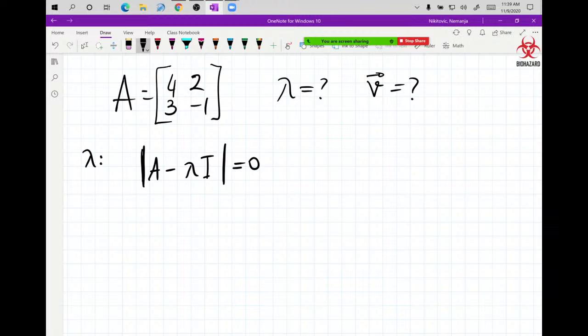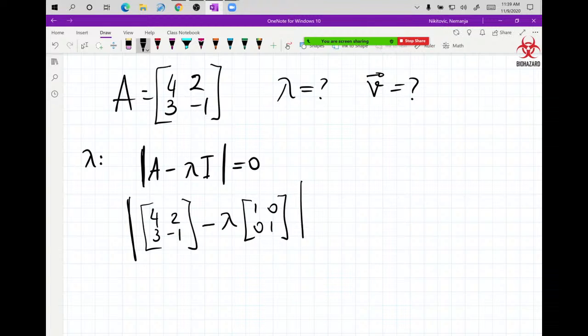So how do you achieve that? Well, we plug everything in. You have your matrix 4, 2, 3, negative 1, minus unknown lambda times the 1, 0, 0, 1 matrix, and then the determinant of that needs to be equal to 0.